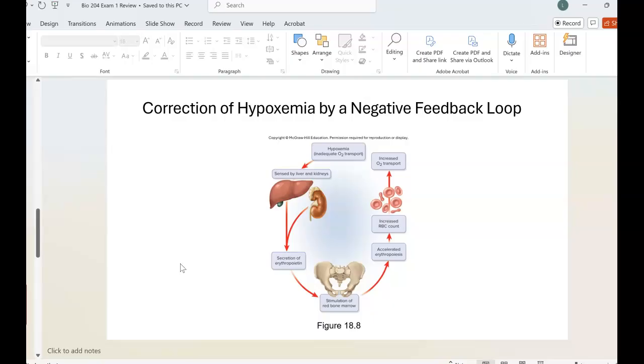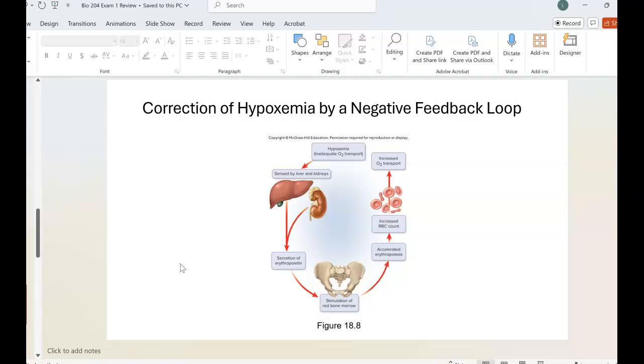So the kidneys secrete the hormone erythropoietin, which then stimulates the red bone marrow to make more red blood cells. The more red blood cells we have, the more hemoglobin, the more oxygen that's transported, and that means our oxygen levels are going to start to rise.